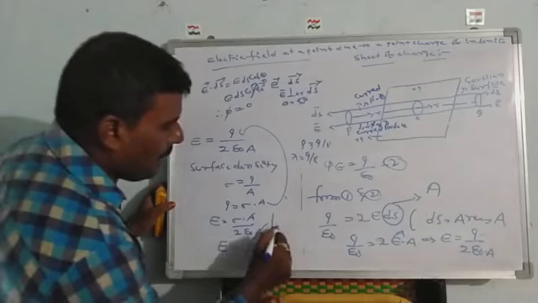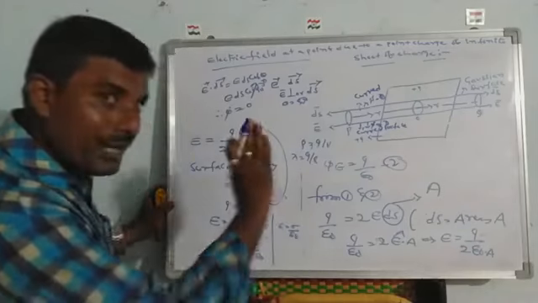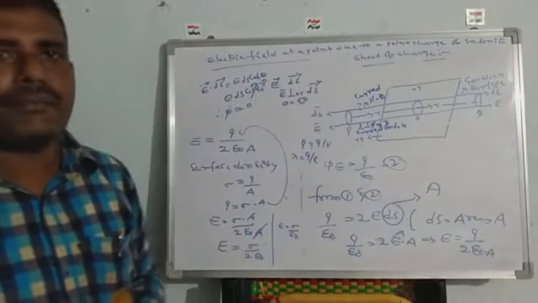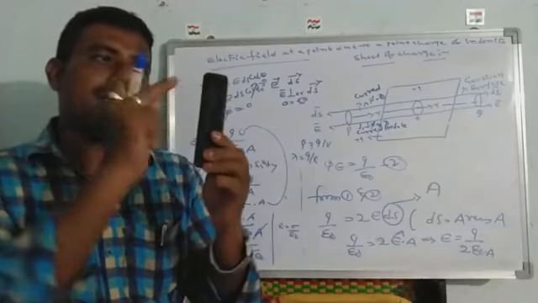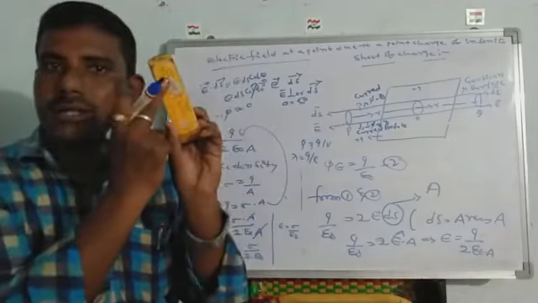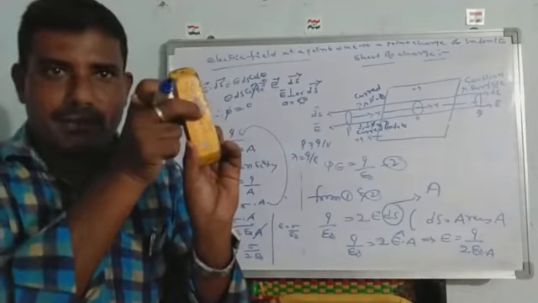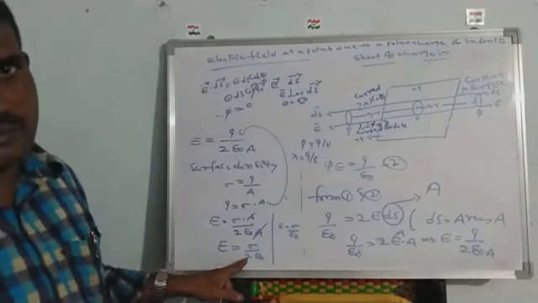If we consider one side of the infinite sheet as one surface and the other side as another surface, then for both surfaces the intensity of field is sigma by 2 epsilon naught.